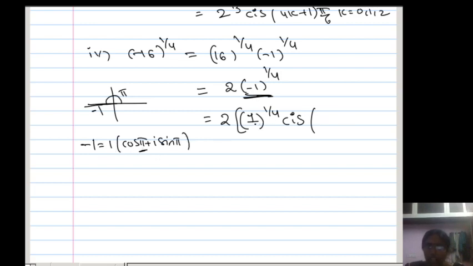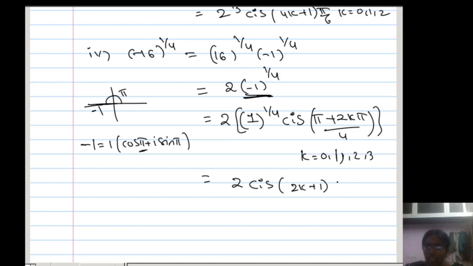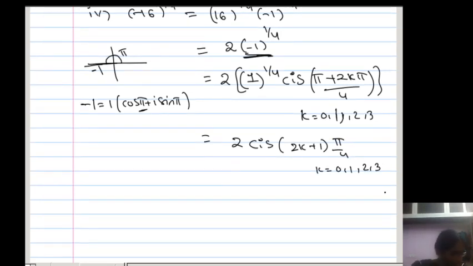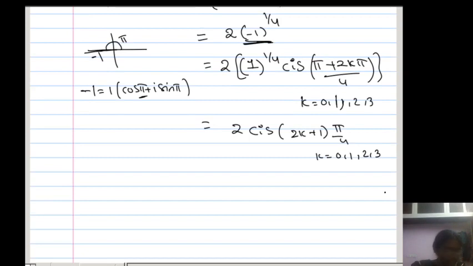So by that, r naught power 1 by n cis of (pi plus 2k pi) by 4, where k is equal to 0, 1, 2, 3. So the final answer is 2 into cis of (2k plus 1) pi by 4, where k is equal to 0, 1, 2, 3. In this way we can solve this problem. Next one.